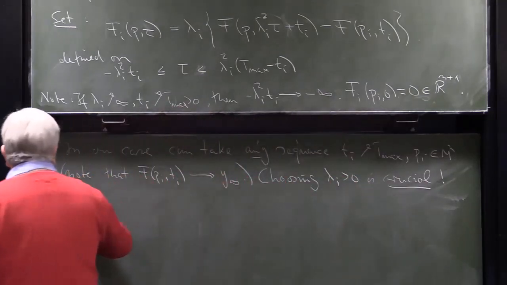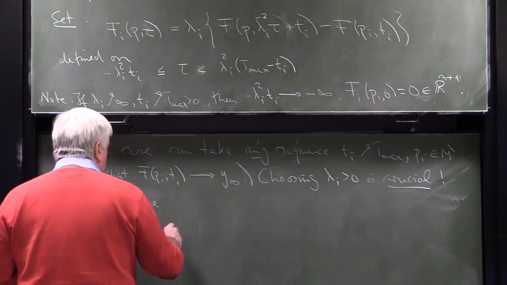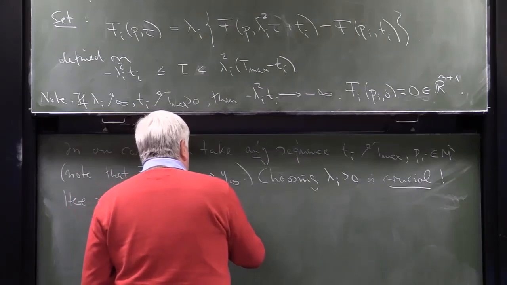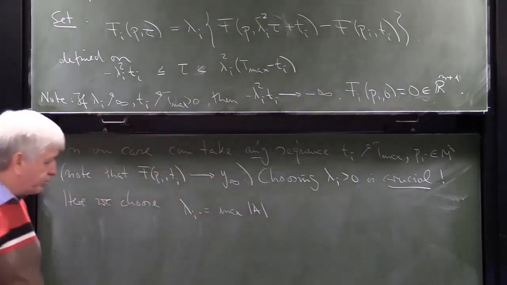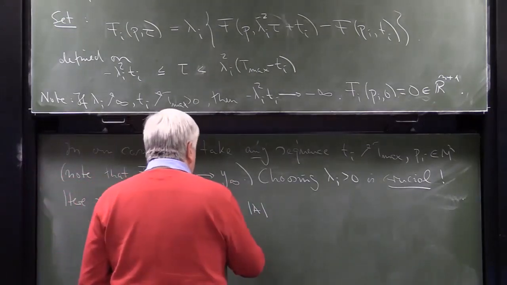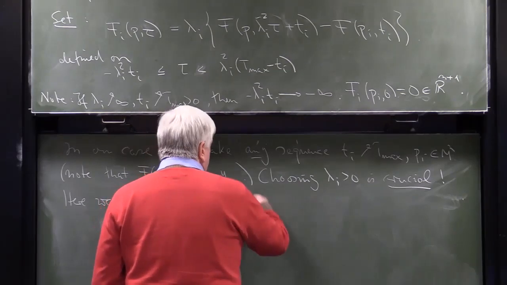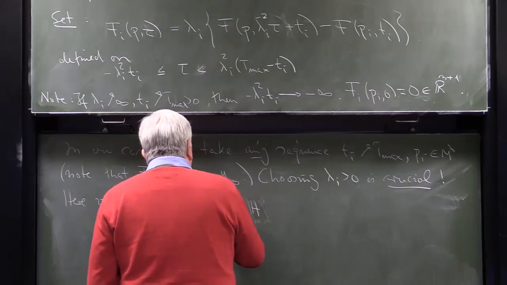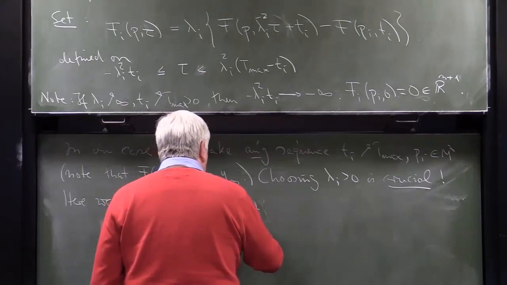Here we choose lambda_i to be the maximum of the curvature, we could take just the maximum of the mean curvature, on the interval from 0 to t_i cross M^n.